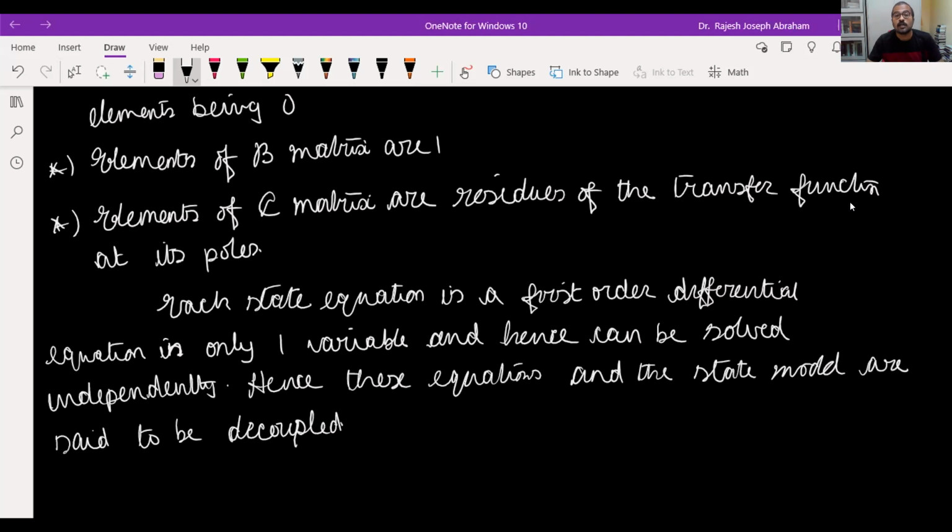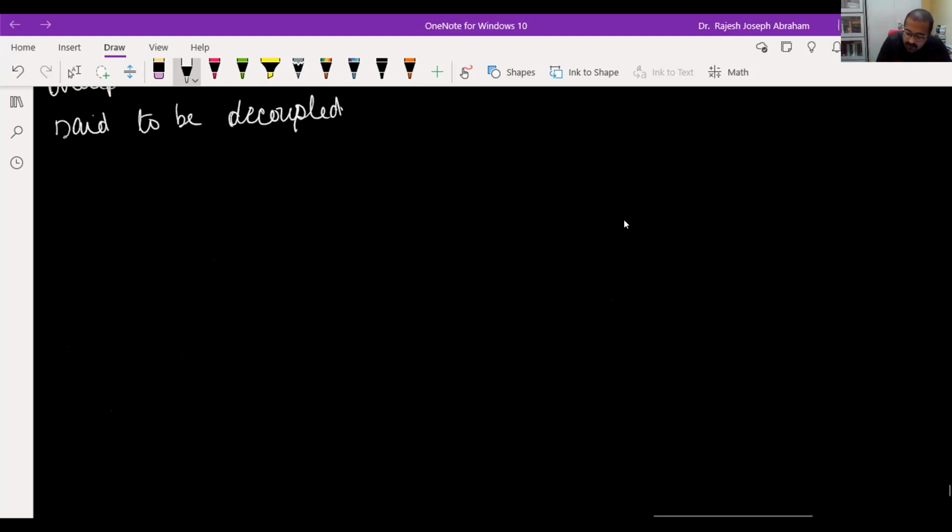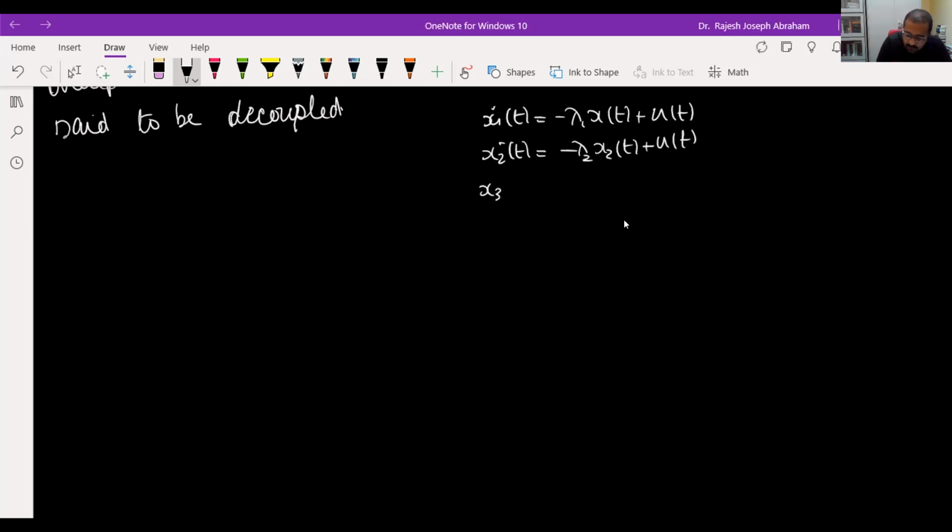Okay, they are called decoupled. Now let me write the equations here. x1 dot of t was what? Minus lambda 1 x1 plus u. x2 dot was minus lambda 2 x2 plus u of t. And x3 dot was minus lambda 3 x3 plus u of t.